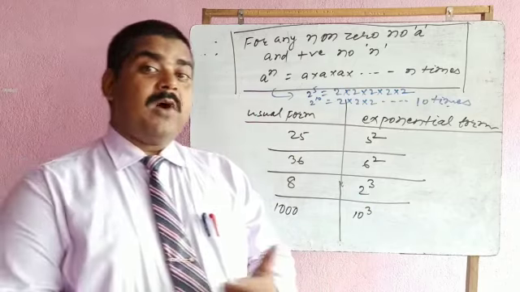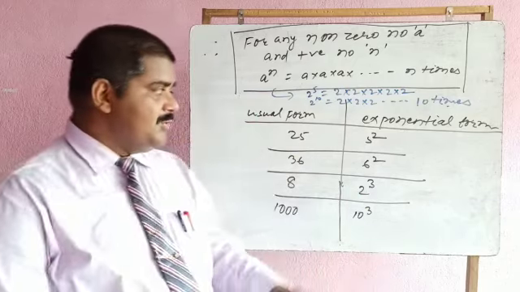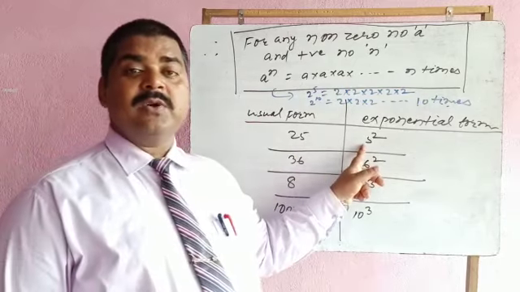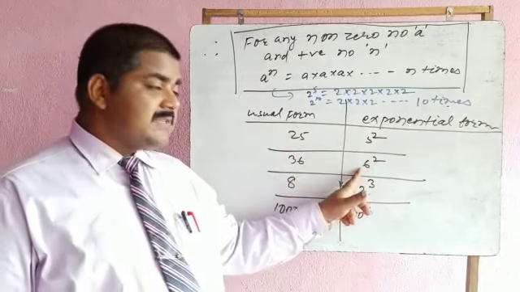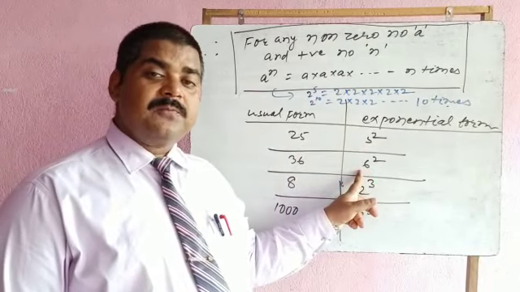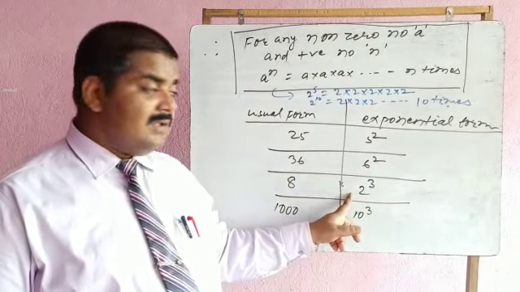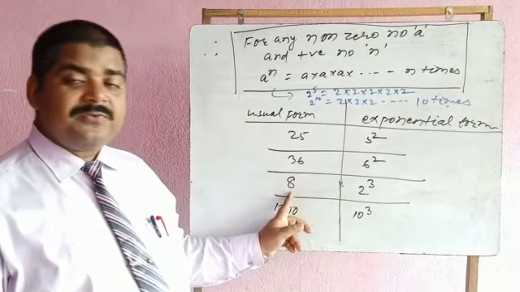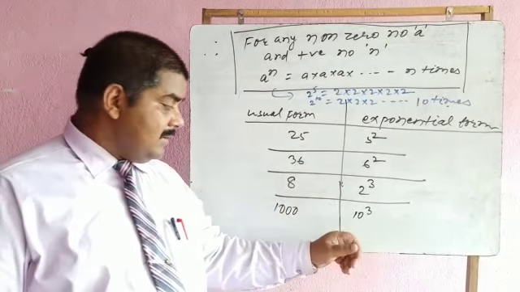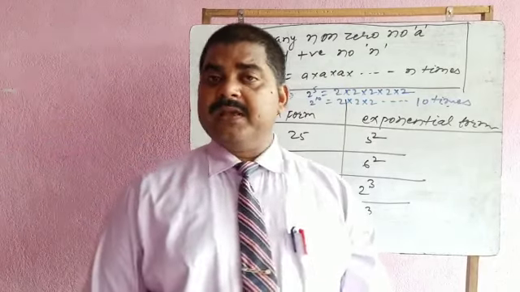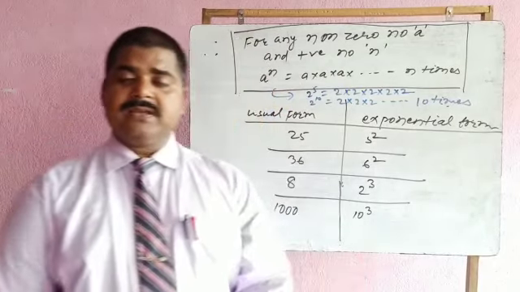So 5 square is the exponential form of 25. 6 square is the exponential form of 36. 2 to the power 3 is the exponential form of 8. 10 to the power 3 is the exponential form of 1000.